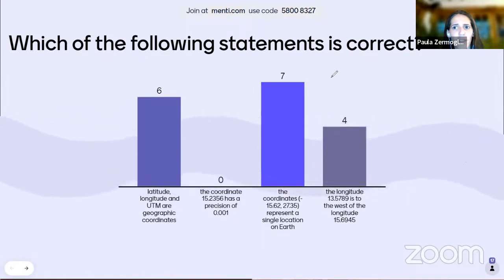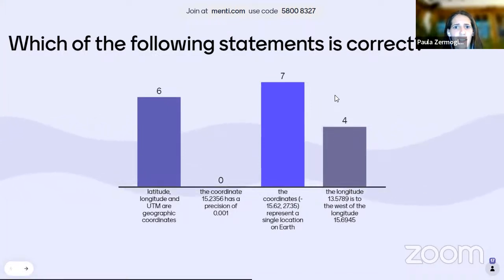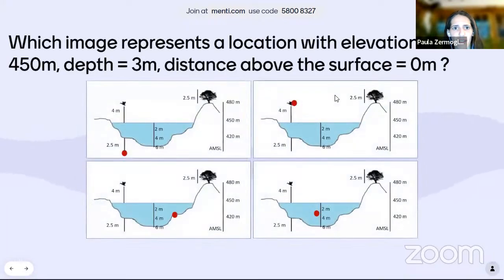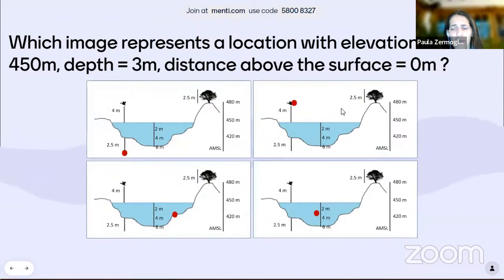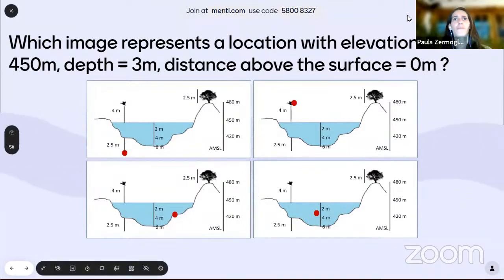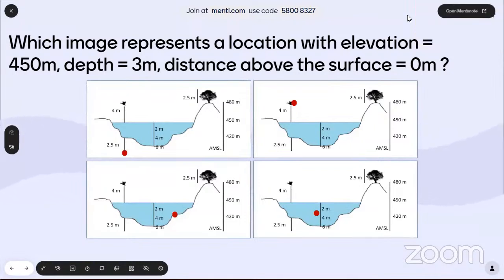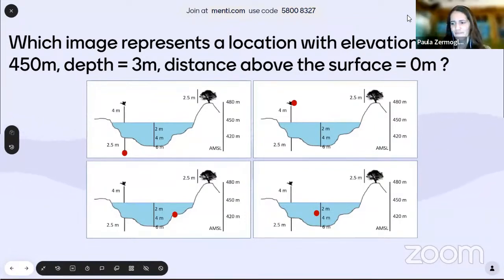If not, we're going to move to the next exercise, which is this one, which you should be able to see in the same webpage that you were at. Can you see it? Yes. Okay, excellent.